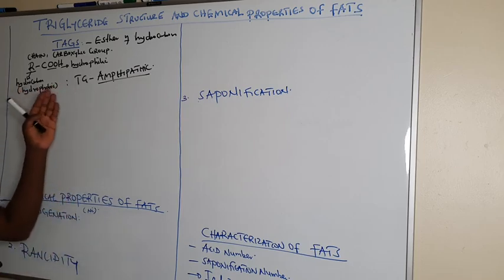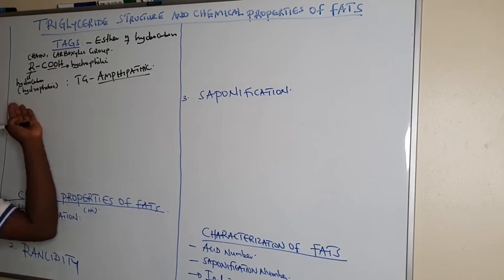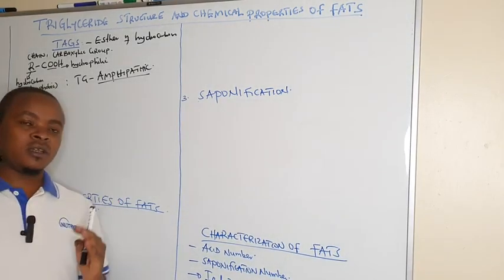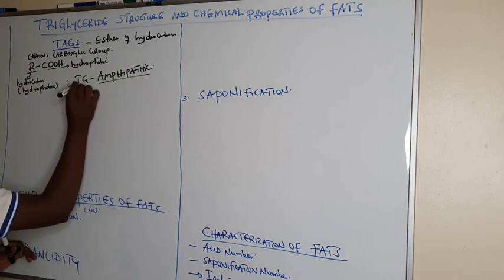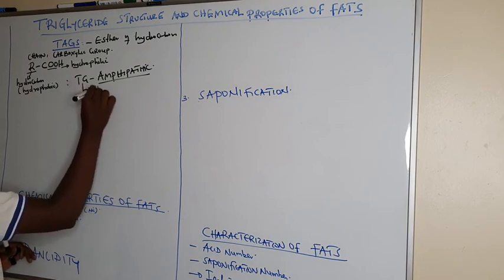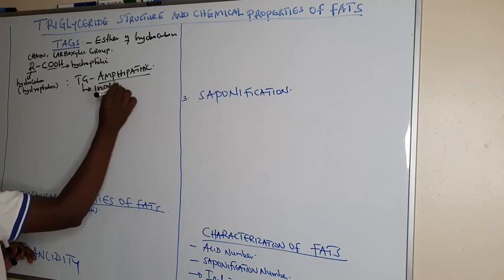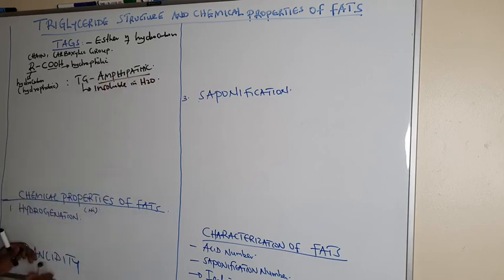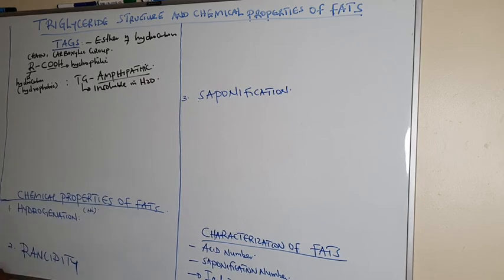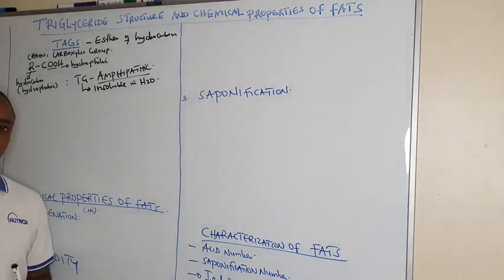So it has the polar and the non-polar part, and that's why we say it is amphipathic in nature. Another thing we have to know about this triglyceride, apart from being amphipathic, it is insoluble in water. That is another thing we can say about these triglycerides.